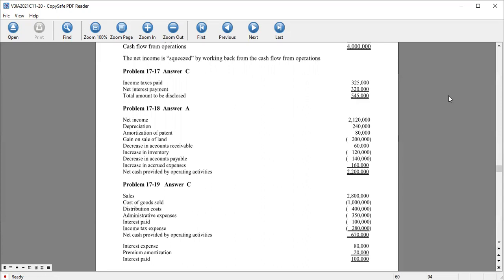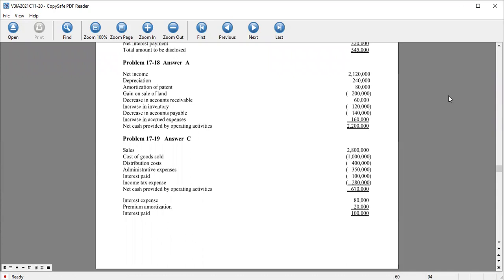Number 18. What amount should be reported as net cash provided by operating activities? We begin from net income of 2,120,000. We add depreciation, 240,000, amortization, 80,000, and deduct the gain on sale of land of 200,000. We deduct it because it's a gain.